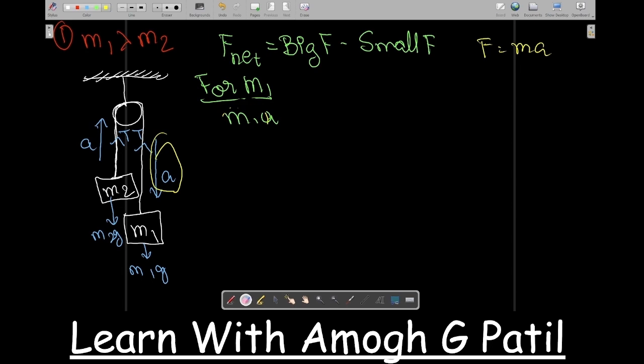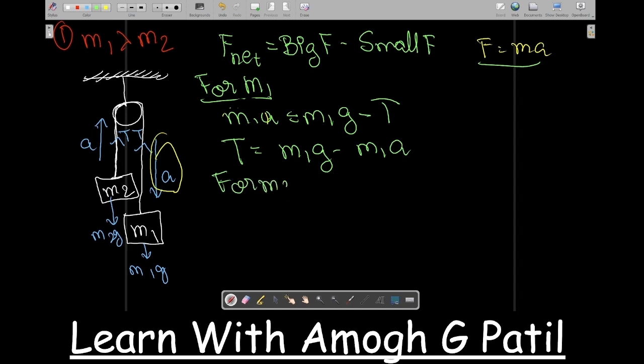The bigger force is M1g, as the body is moving towards M1g, and the smaller force is tension. So after doing this, we get T is equal to M1g minus M1a.